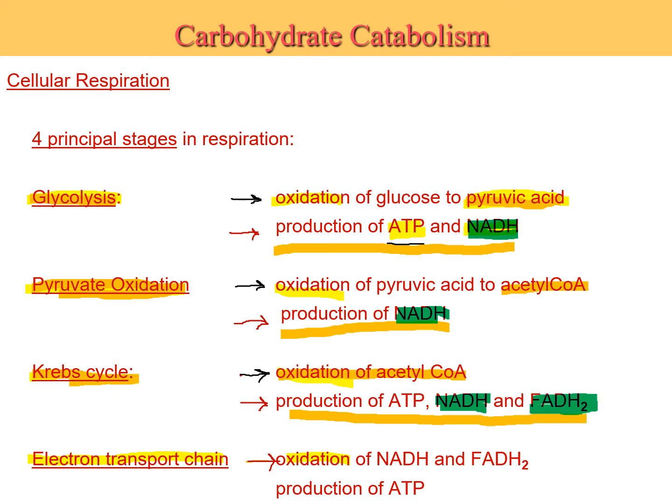And this occurs in the electron transport chain. So you have oxidation of NADH, FADH2 for production of ATP.